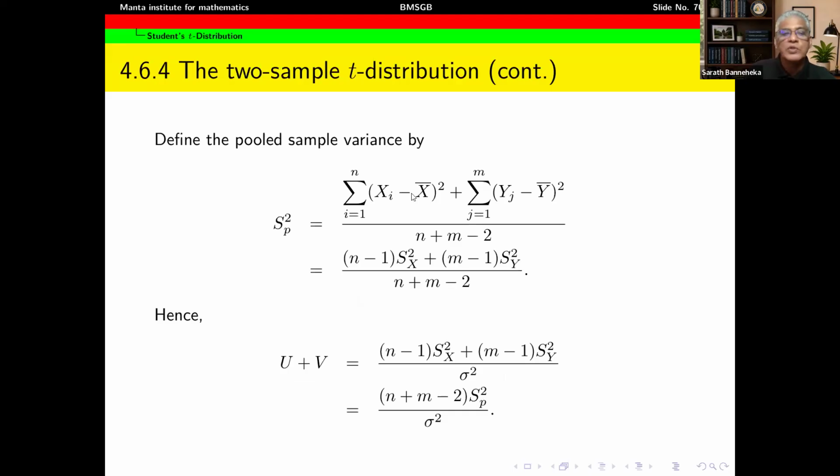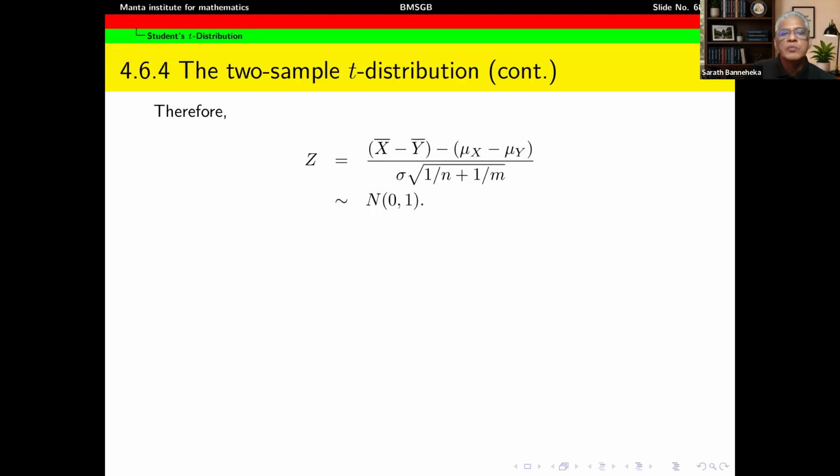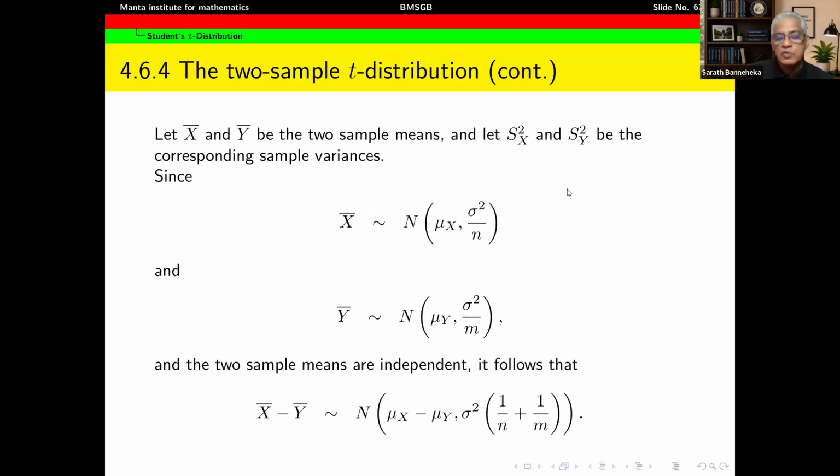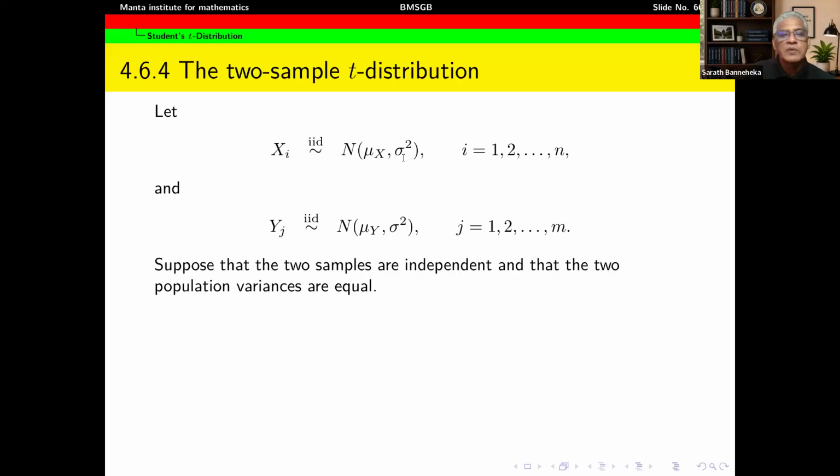So this quantity I can write down as n minus 1 Sx square plus m minus 1 Sy square, divided by n plus m minus 2. Let us call that quantity Sp square. This quantity has a name: it is called the pooled variance estimator. Notice that we assumed both populations to have the same variance.